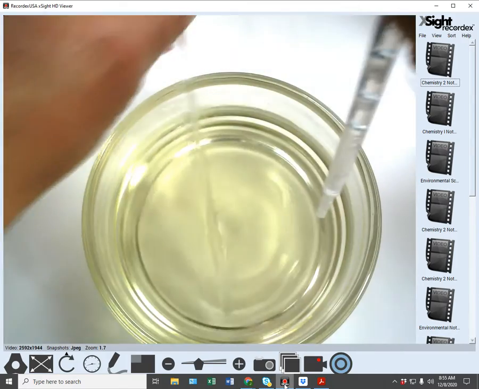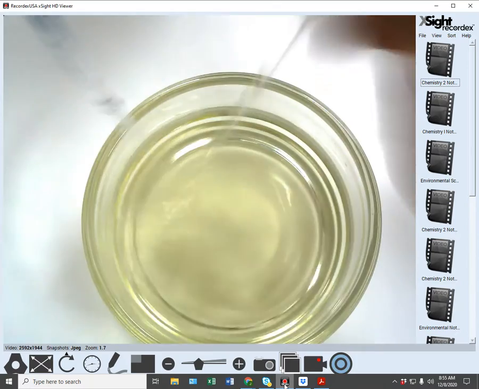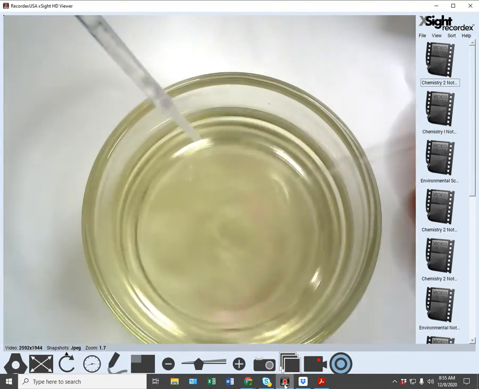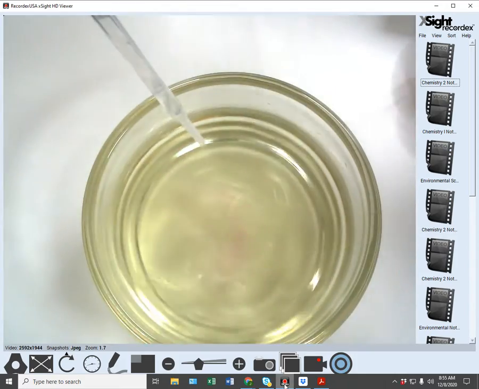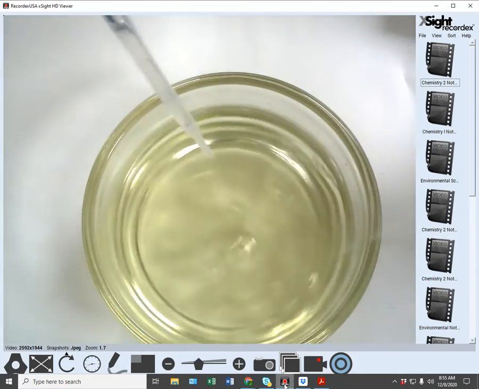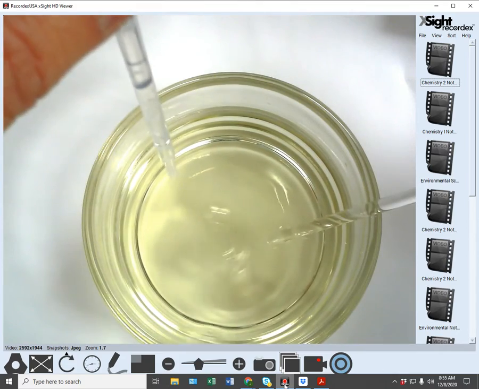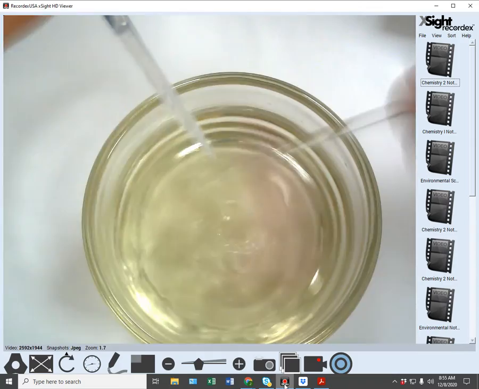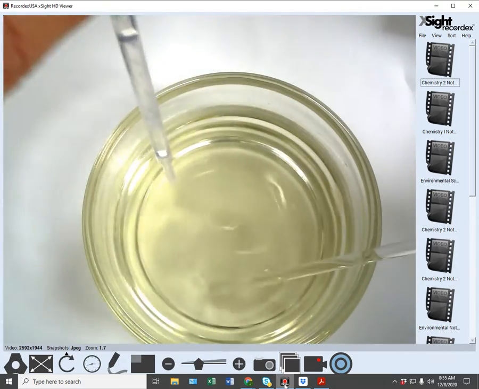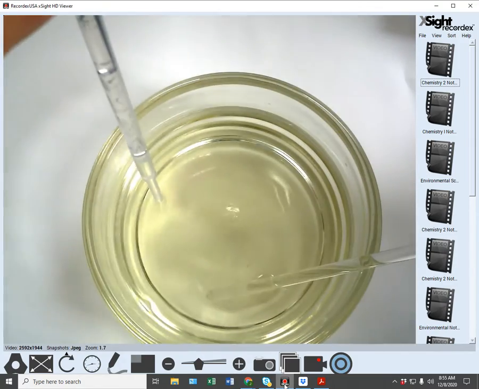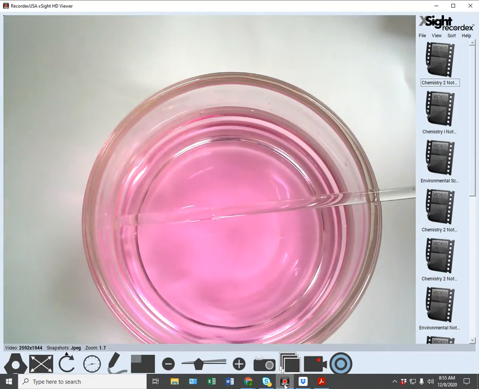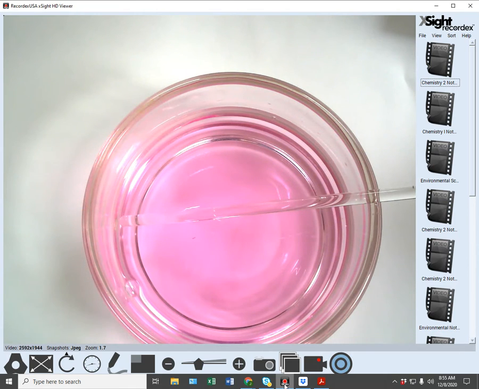That was 19. You can see it's getting close because it's turning, but it's not staying. There we go, 23.